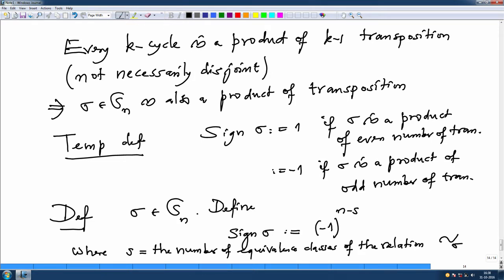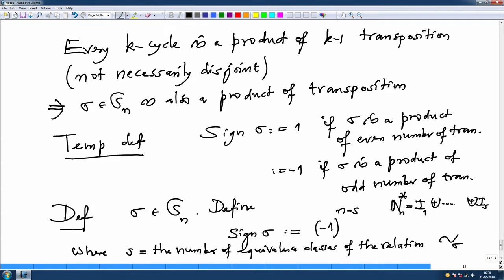Let us see what that is. That means we have decomposed the set {1, ..., n} into exactly s pieces, I1 union and so on.